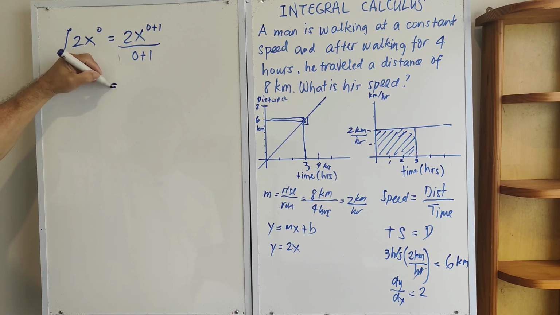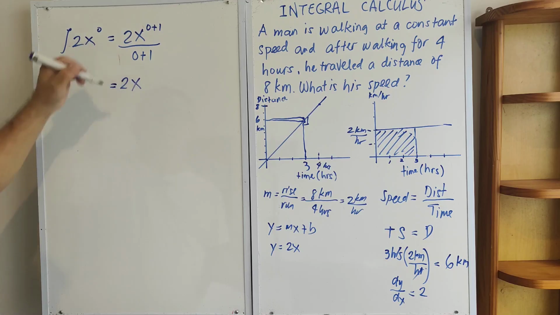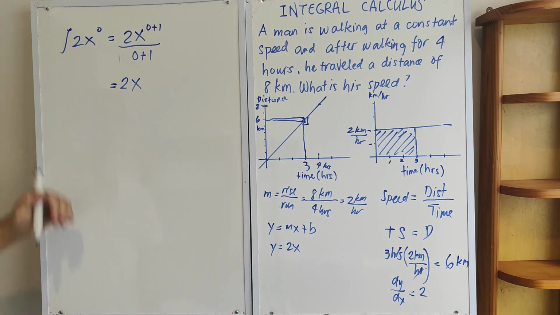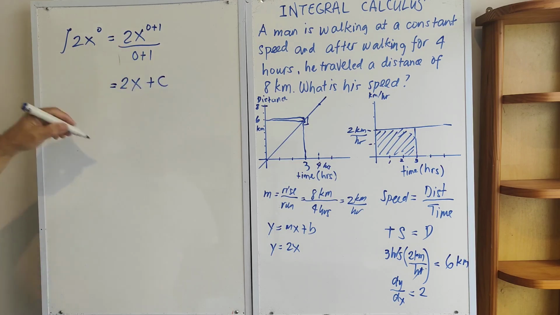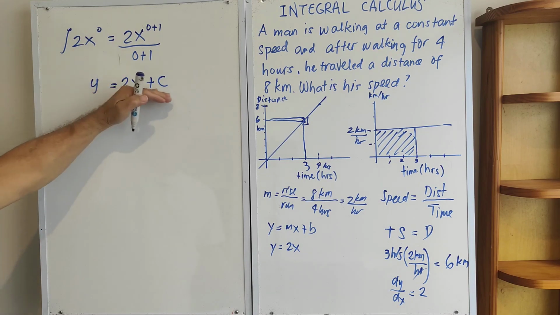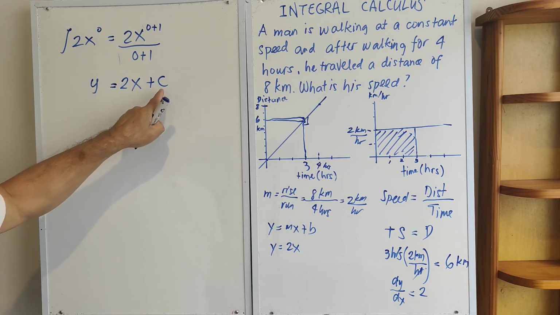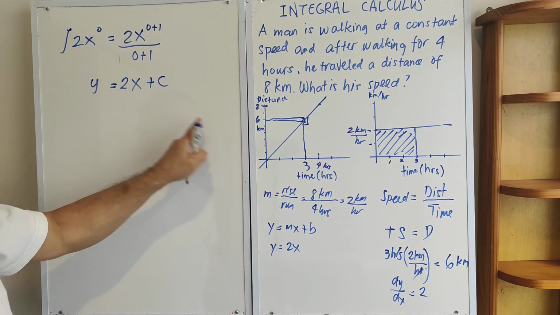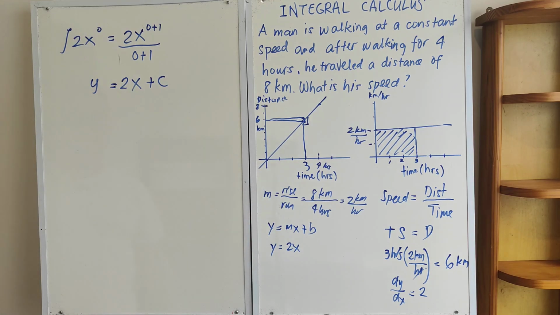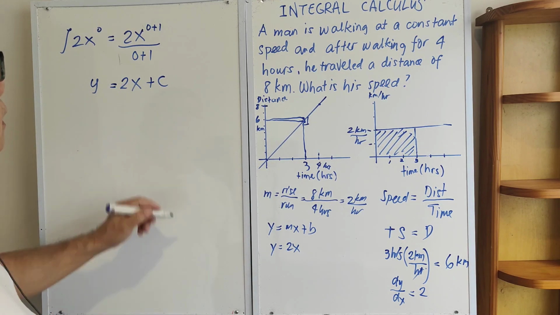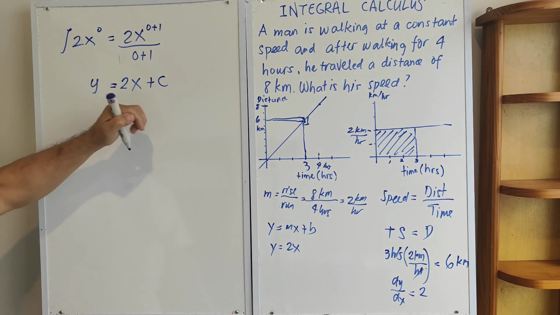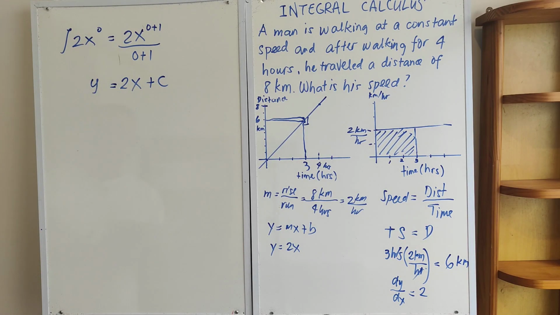So this becomes 2x. This is now your original equation, 2x plus c. So you go back to the original equation. This is your y, 2x plus c. The c in this case is equal to 0. I will explain that c later.